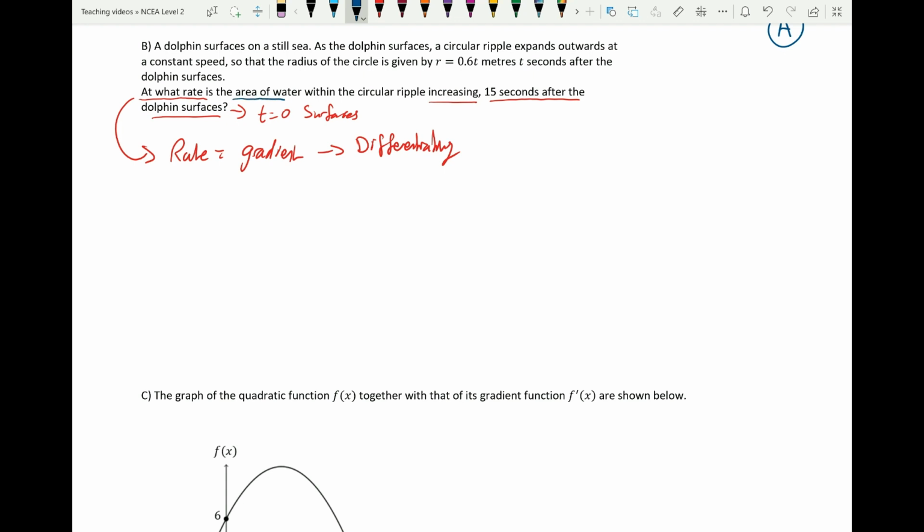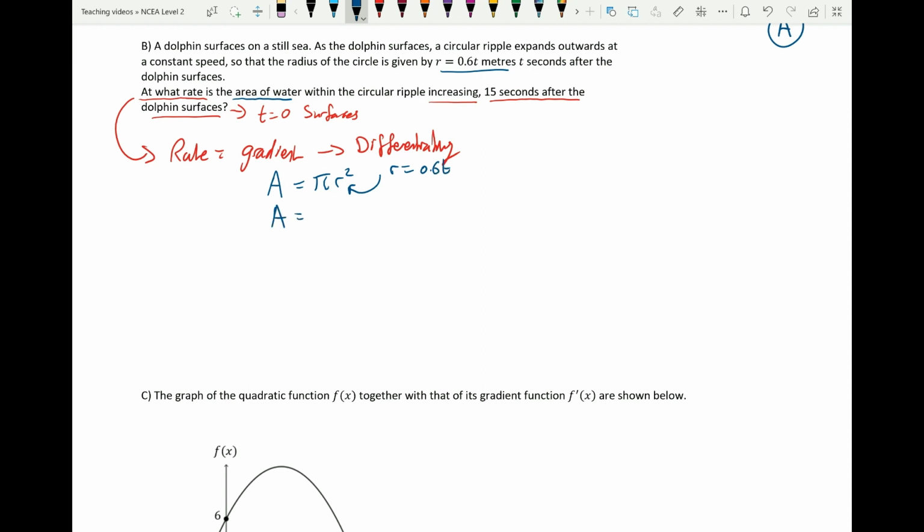Now we have been asked to find the area of the water, but this is the radius, so we actually need to first of all find an expression for the area of that circular ripple. So area of a circle is pi times the radius squared. We've been told the radius is 0.6 times t, so let's put that into there.